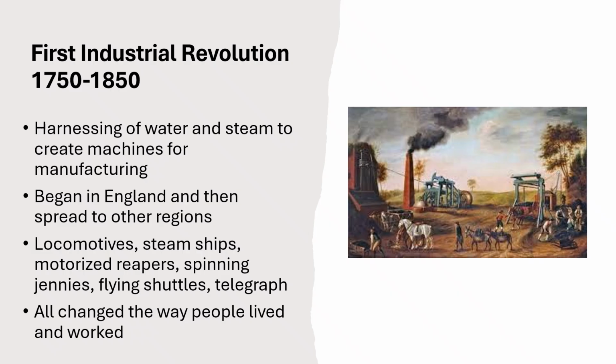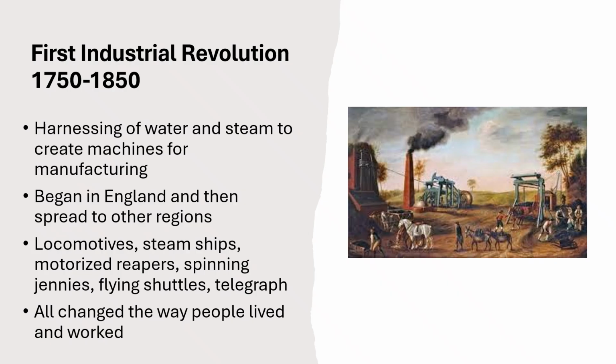So steam-powered pumps, steam-powered locomotives to drive trains, steamships, of course, to drive ships, motorized reapers, which are harvesting tools for agriculture, so no longer needing to use human power to do that.